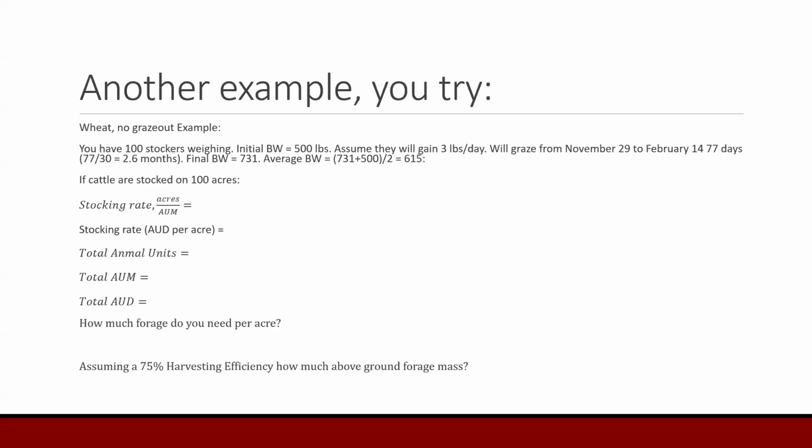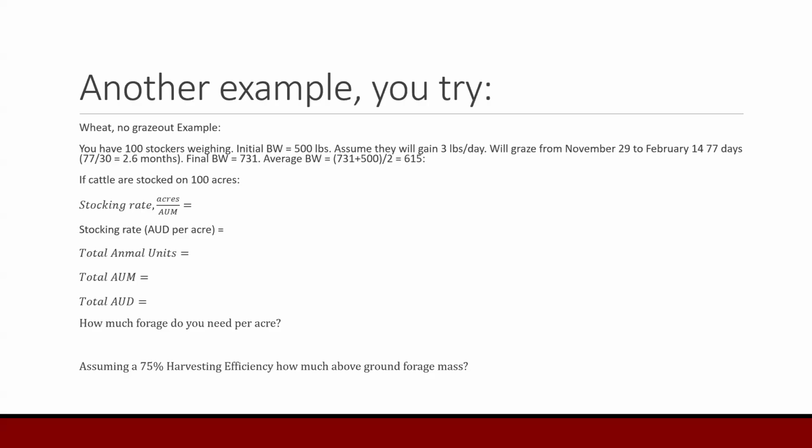With the information I gave you, we have 2.6 months. How many total animal unit equivalents do we have? We're going to use average body weight, 0.615. We have 100 stockers, so 100 times 0.615 is 61.5.